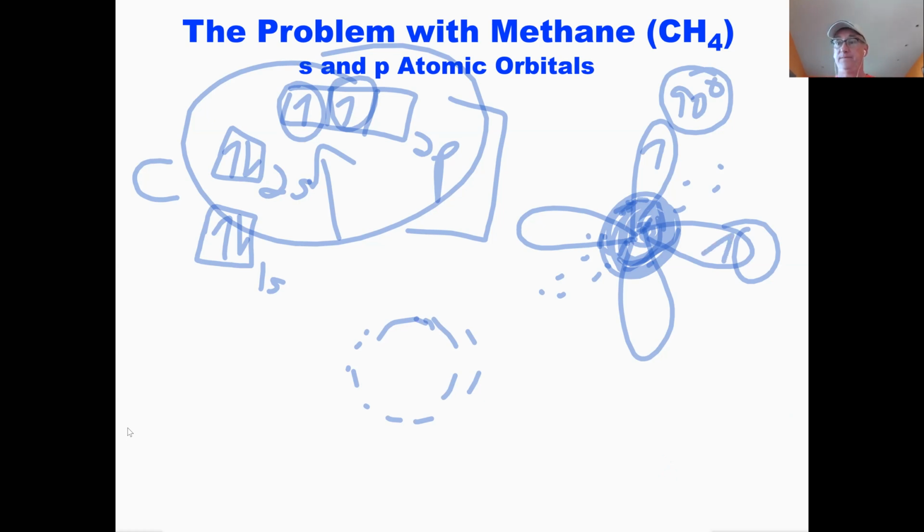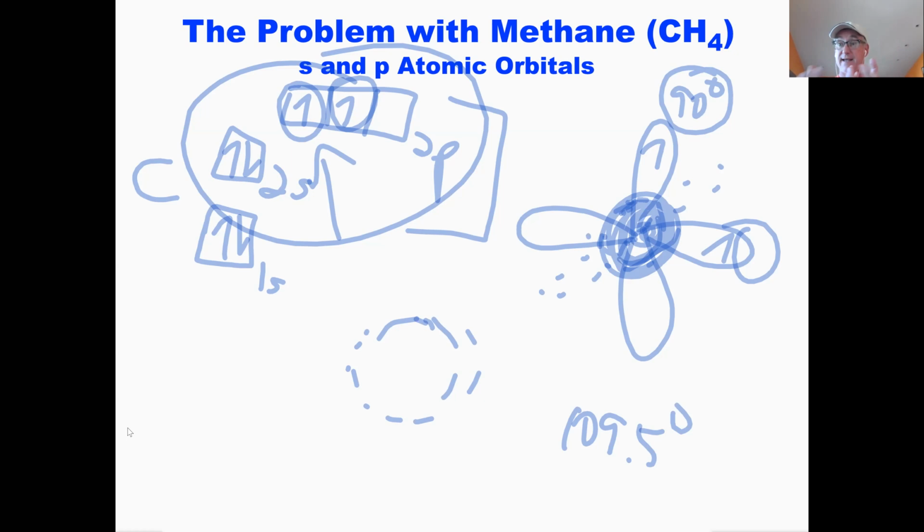That's not what a methane molecule looks like. Methane molecules have 4 bonds, each at 109.5 degrees from each other. These valence electrons in carbon do not have that orientation.